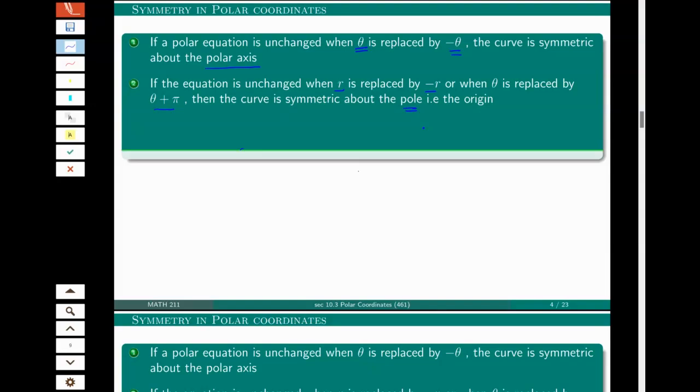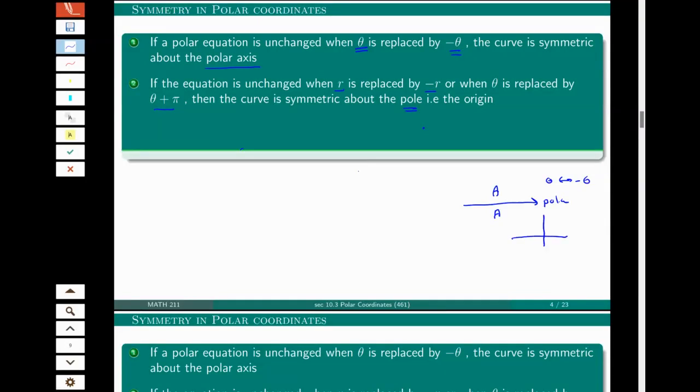So, polar coordinate system, polar axis symmetry. It's symmetric about the polar axis. That's the polar axis, so whatever we have here, we have the same there. If we replace vector by minus vector and we get the same equation.